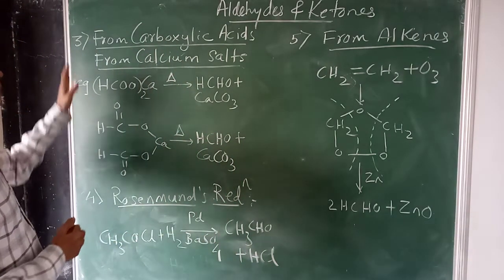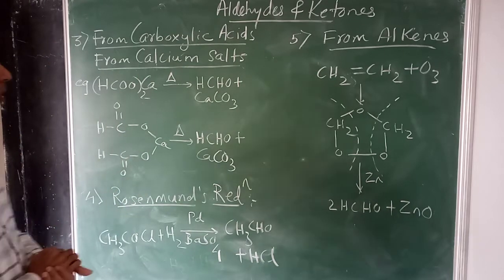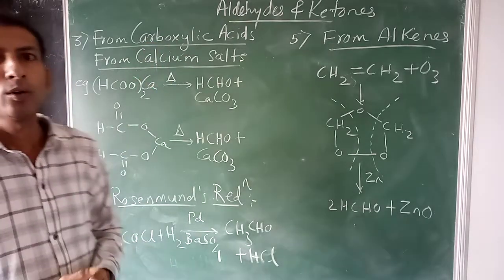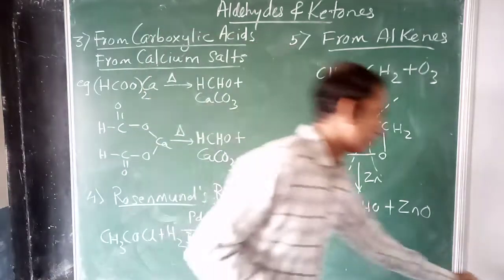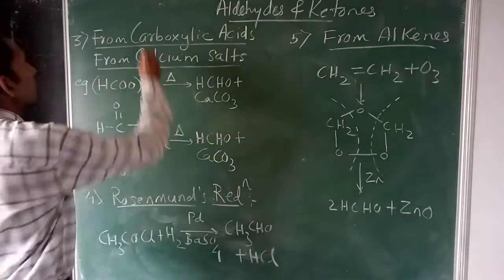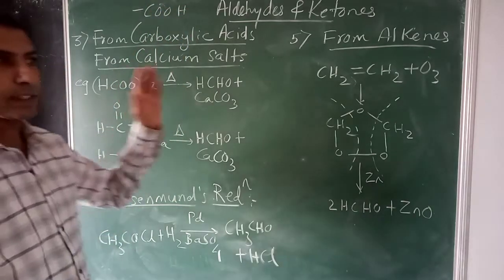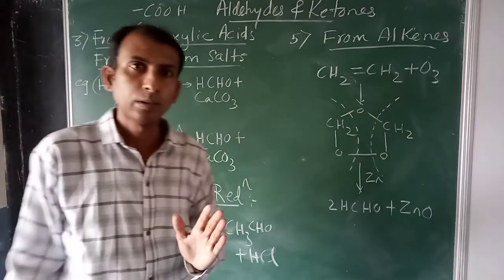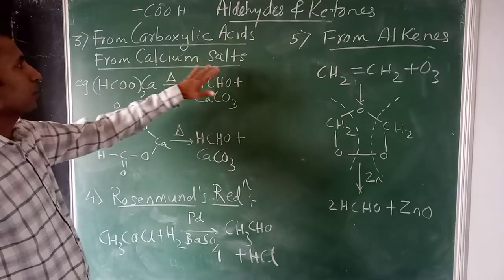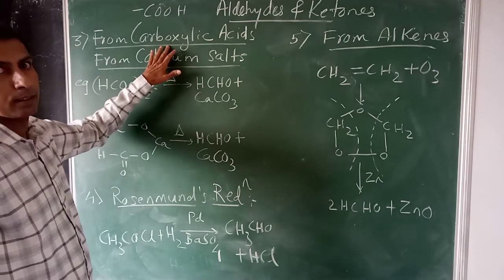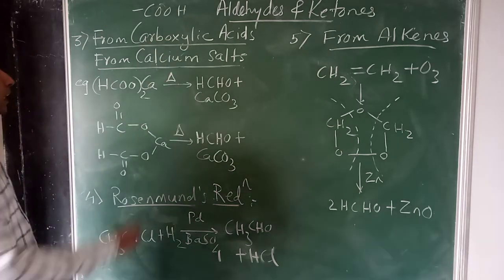So third method now, from carboxylic acids. In the carboxylic acid, you know what is the functional group? COOH. So carboxylic acids have the functional group COOH, and here we are using calcium salts of carboxylic acid.